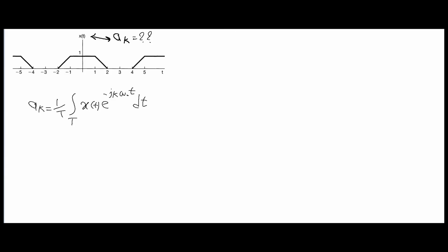First, we need the period T. The period is the interval over which the signal repeats. If you look at the signal, you can see that it repeats every 6 units. So, T equals 6.